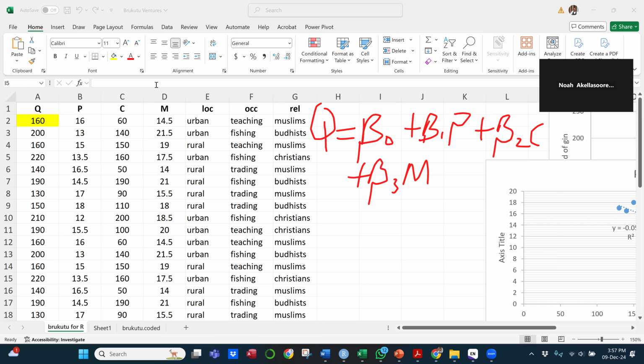So let's try it, whether you remember. Noah. Yes, Prof. I think you will add them, but not in terms of location and occupation and all that. You add them in terms of urban, rural, teaching, fishing, the individual. Making me excited. So what will you write?